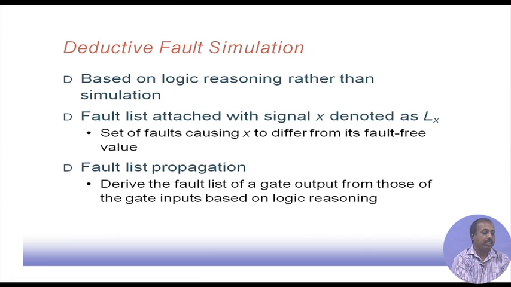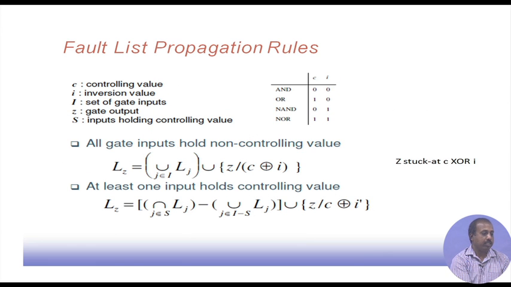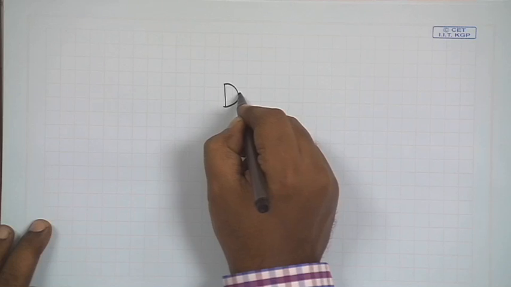Another thing is the fault list propagation. Based on the fault lists of the inputs, we try to propagate the fault list to the output using logical reasoning. We will see how this happens. Say we have an AND gate.